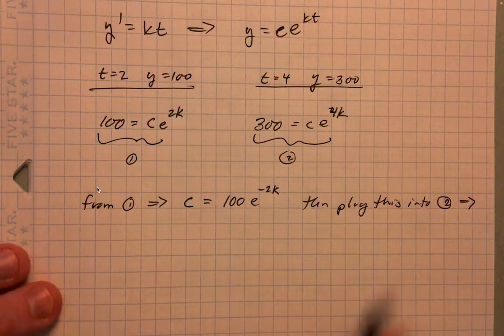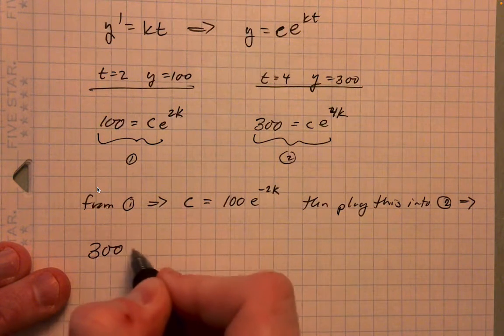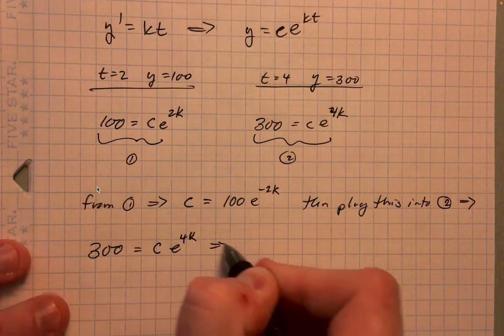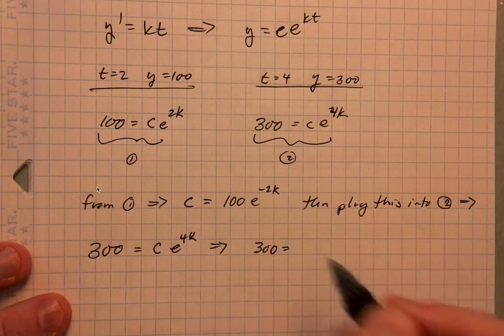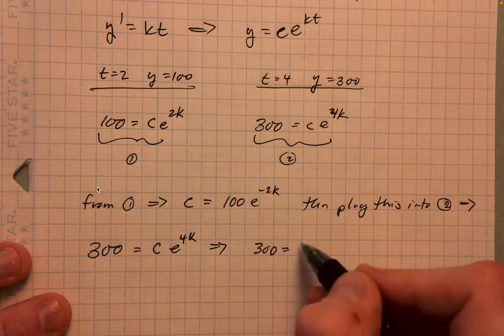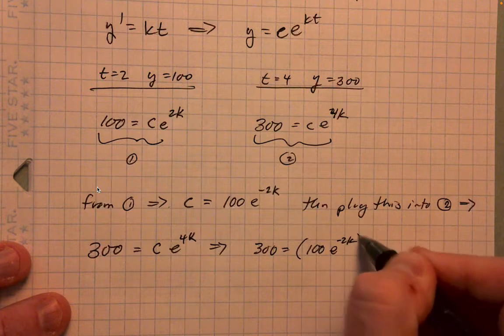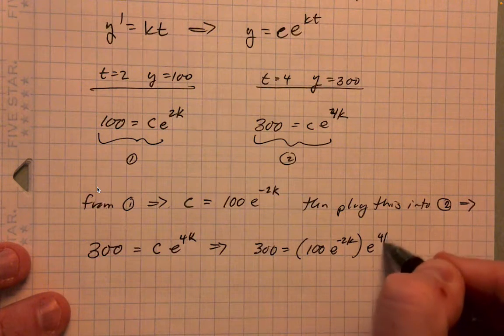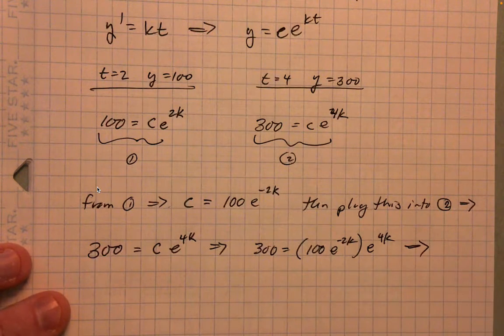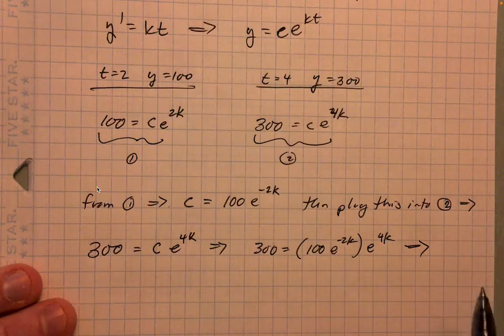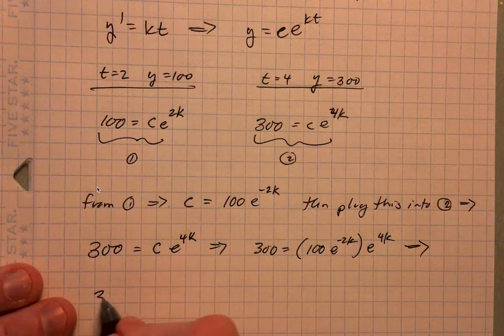Okay, so plugging that into 2, we start with 300 equals c e to the 4k. So that means 300 equals, instead of c, we'll put in 100 e to the negative 2k times e to the 4k. And we can combine these, just the same kind of trick as what we used before.